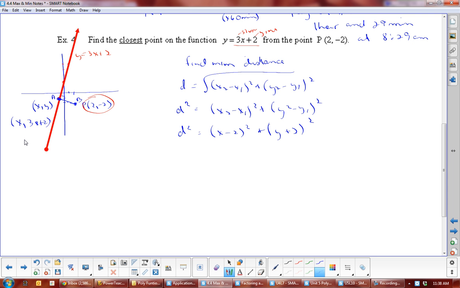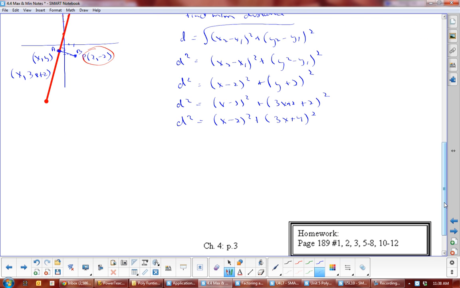So d squared equals x minus 2 squared plus 3x plus 2 plus 2 squared. D squared equals x minus 2 squared plus 3x plus 4 squared. Now we got everything in one variable.